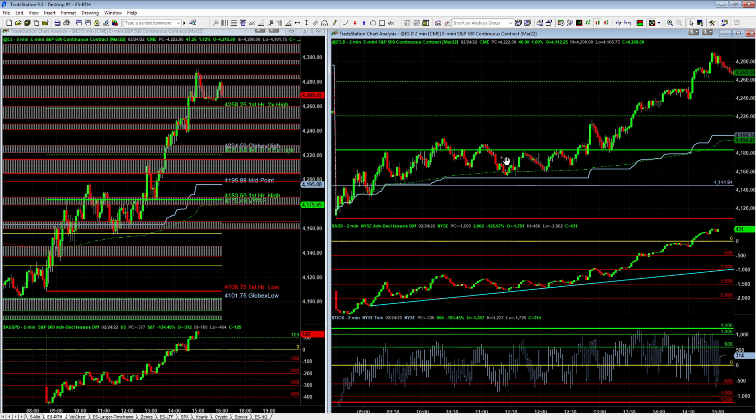Now, in a market that's moving 120, 150 points, that's what, 5% of the range of the day, 10% of the range max. It's a fairly small margin of error that we have.